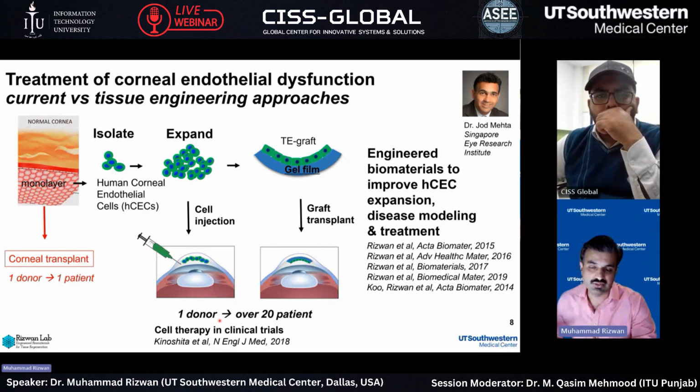Because we can grow the cells in the lab, if we start, let's say, with 100 cells, we can maybe get 2,000 cells. So we can potentially treat more patients by either doing cell injection therapy or by transplanting a sheet grown on a hydrogel film into the patient's eye.